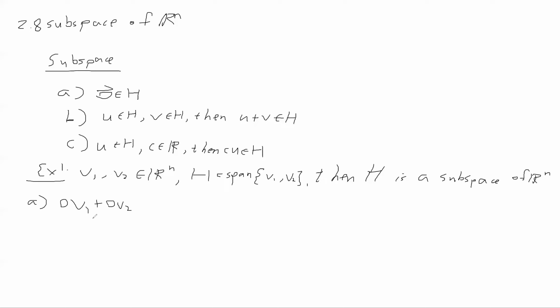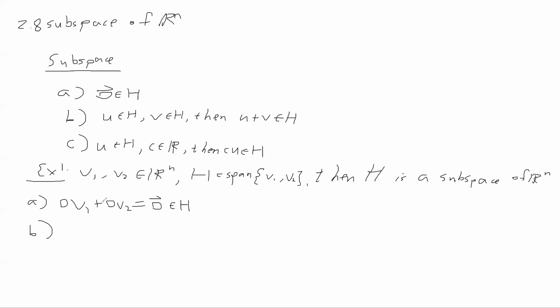Now, notice that each one of them is a scalar multiple of V1 and V2. That means these two are also in the span. And that is equal to the zero vector, which is also in H. Okay, so we've shown that the zero vector is in H. That's pretty easy.